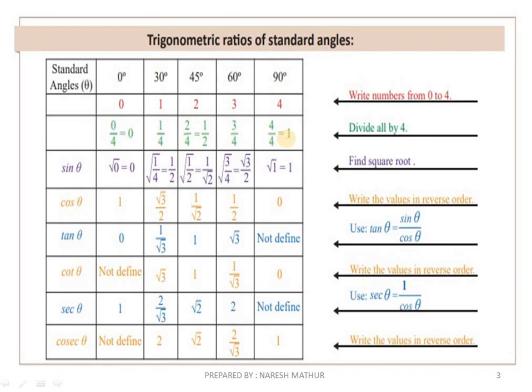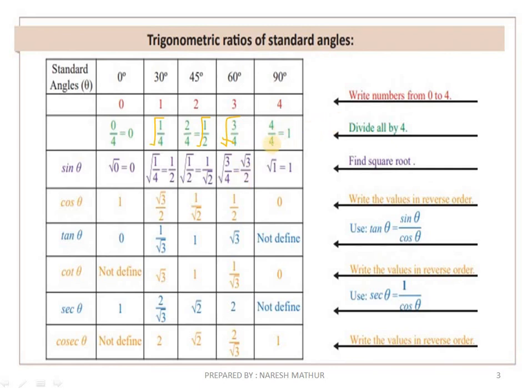Now find the square root. The square root of 0 is 0. The root of 1 by 4 is 1 by 2. The root of 2 by 4 is root 2 by 2, which is 1 by root 2. For root of 3 by 4, we can take 4 outside the square root, so we can write it as root 3 by 2.